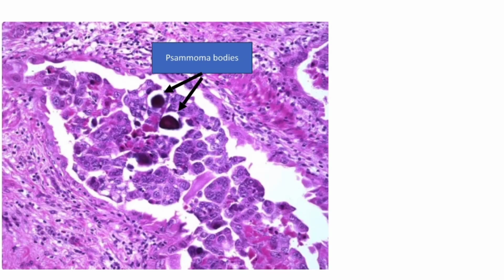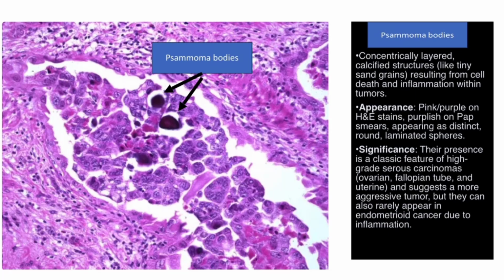Now psammoma bodies. These are laminated calcified bodies. And what is a psammoma body? A psammoma body is a concentrically layered calcified structure present due to cell death and inflammation within the tumors, and its appearance is pink or purple on H&E stain, purplish on Pap stain, and they are round and laminated.